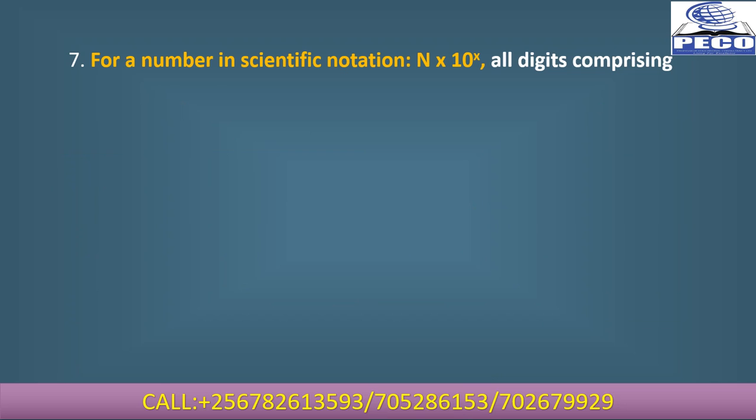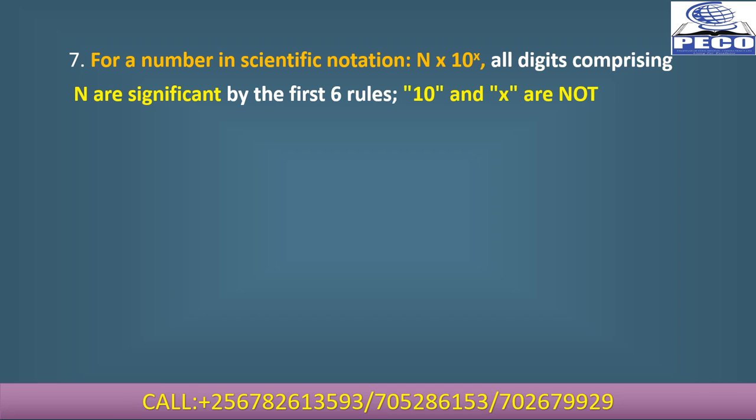The last rule needs very much attention, because this one here is going to teach us something different. For a number in scientific notation, n times 10 to the power x, all the digits comprising n are significant by the first 6 rules. 10 and x are not significant.